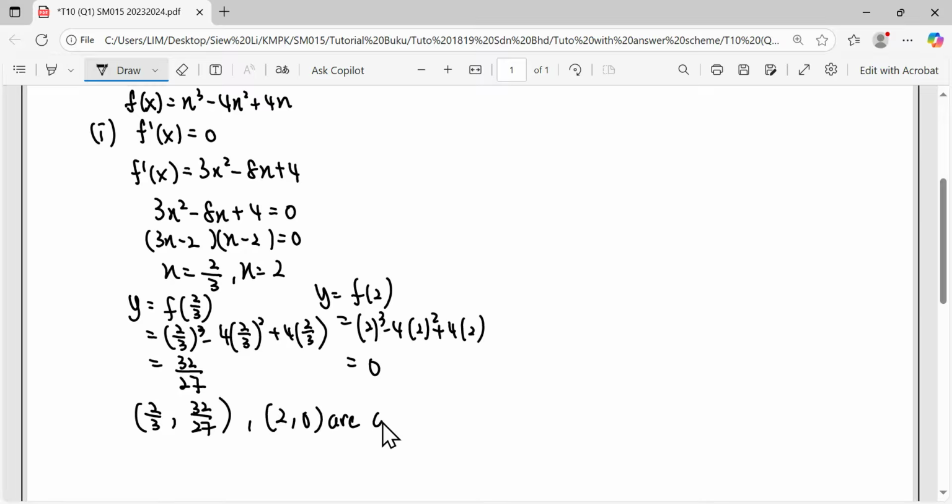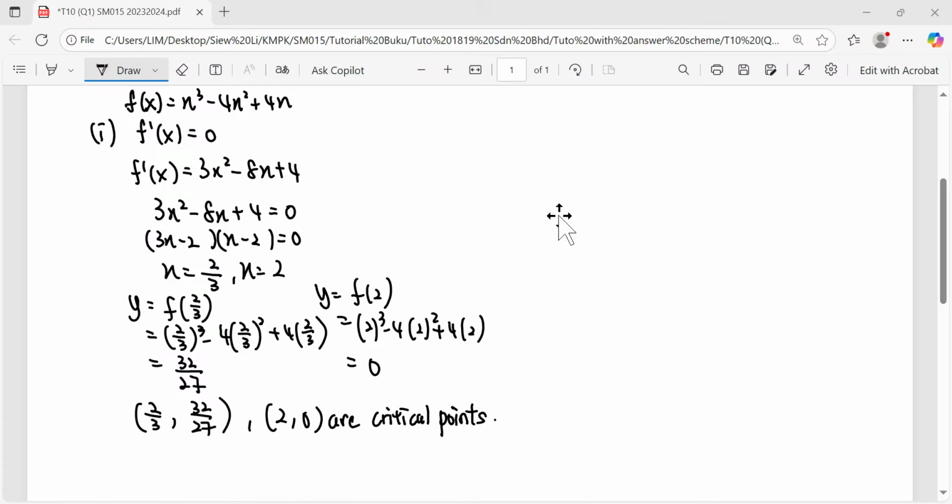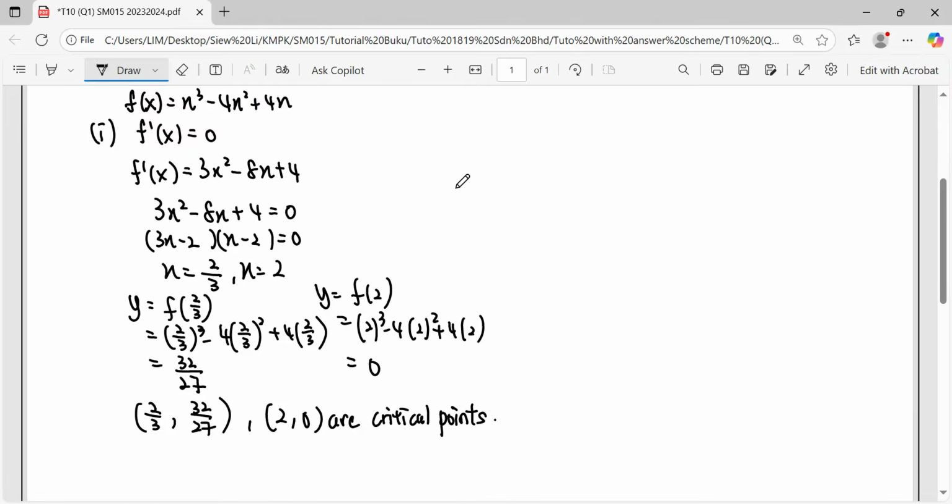They are the critical points. Finish our first task.